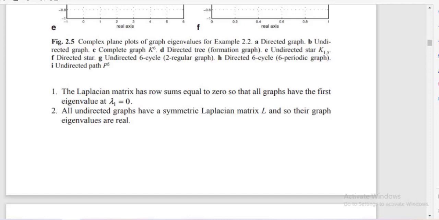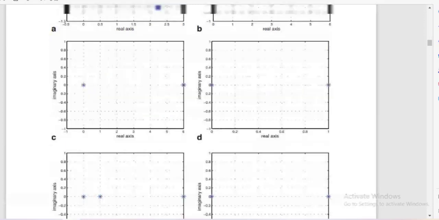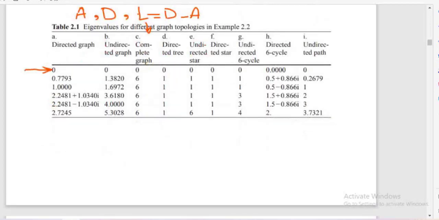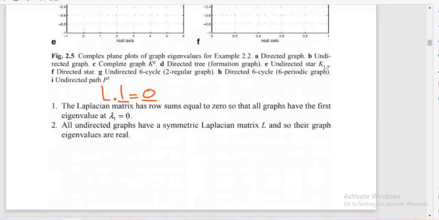The Laplacian matrix has a row sum equal to 0. This means L multiplied by the vector of ones is equal to 0. And this causes all the graphs to have the first eigenvalue at 0. I show you in this table that the first eigenvalues are equal to 0. Okay?